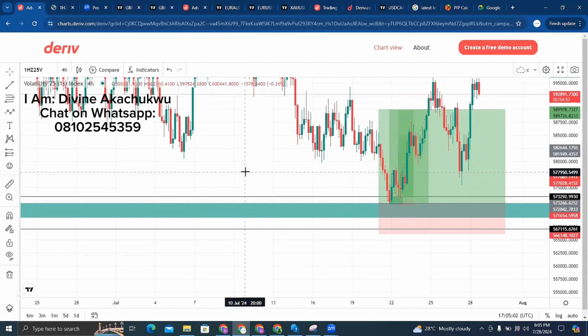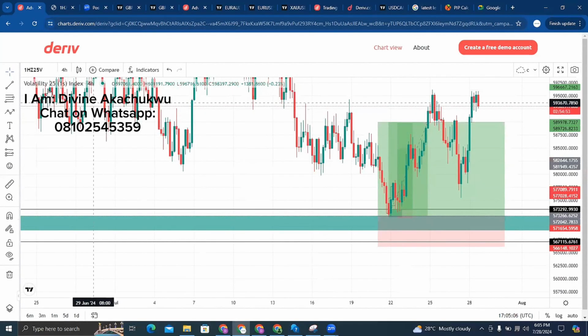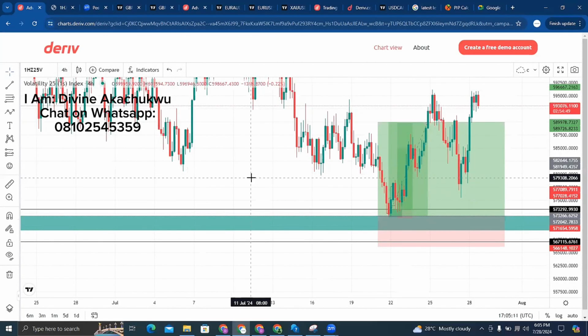Because the Forex market is fractal in nature, whatever happens in the 4 hour also happens in the 1 hour time frame. It's the same thing that happens in the 30 minute time frame. Even if you go to 1 minute or the seconds time frame, you still see the same market structure playing out.